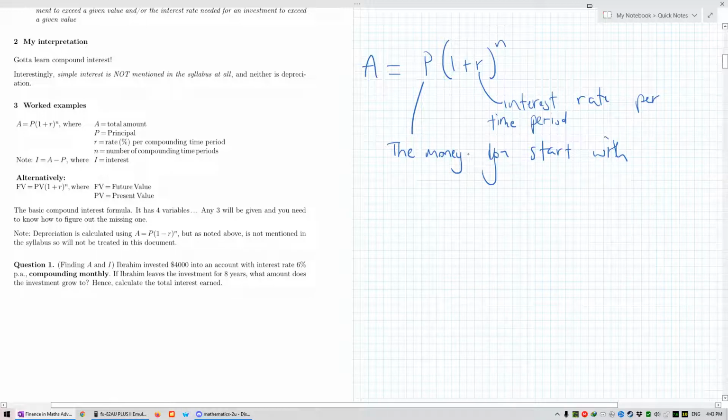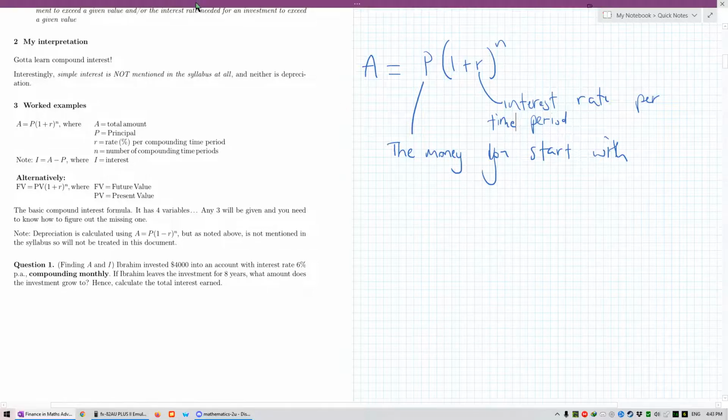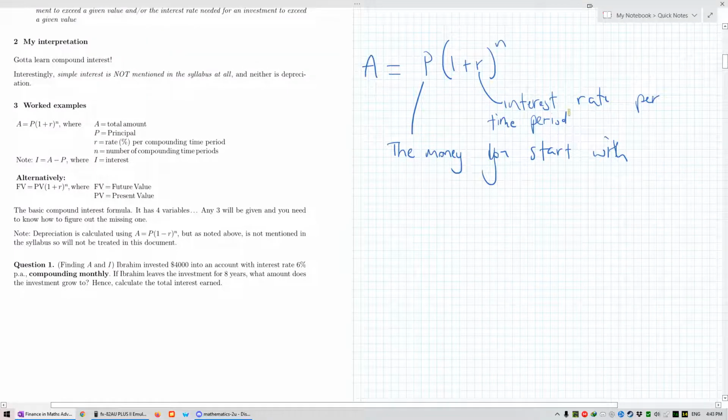Now, with simple interest, compound interest, annuities, and so on, it's important that you match the interest rate per time period with the compounding period. R and N have to be in the same time unit. The interest rate can't be per year and then N in months.